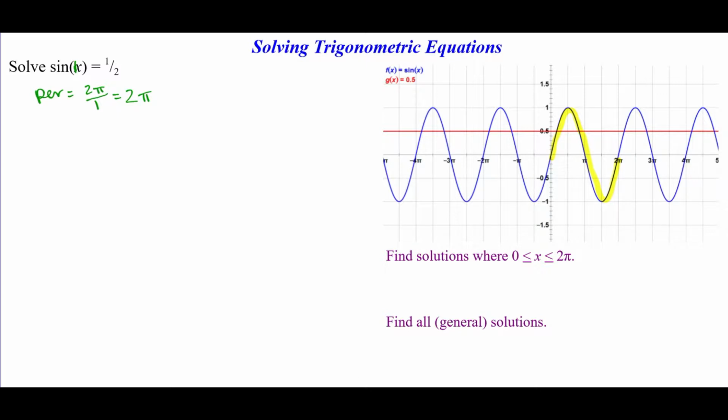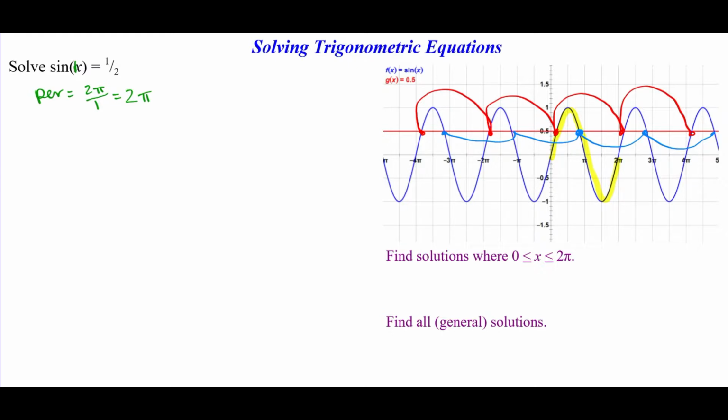Once I find this first solution, if I add the period, I'm going to get here. If I add the period again, I'll go here. If I subtract the period, I go the other way. So half of my solutions are coming from that first solution in the highlighted region, and then adding or subtracting the period. And then my second solution in that highlighted region, if I add the period or subtract the period.